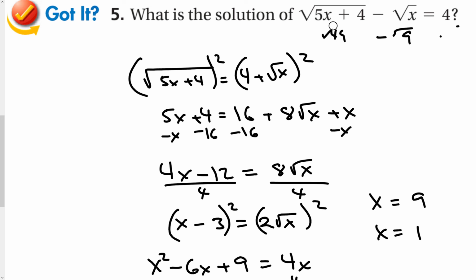That's good. So this one works. And 5 plus 4 is 9, so that's the square root of 9 minus the square root of 1. That's 3 minus 1, which is not 4. So this one has an extraneous solution that makes the problem not work.